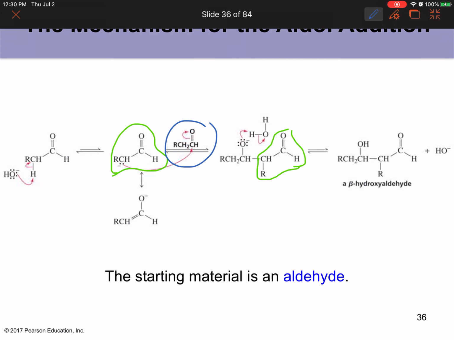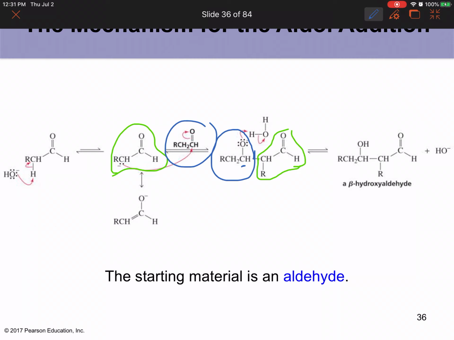The carbonyl carbon is this carbon. It has one hydrogen on it, and then it will become O minus. Okay, do you see the two carbons being connected by the new carbon-carbon bond? And then once that is formed, you form an alkoxide anion, which grabs a hydrogen from a water molecule and completes the aldol product, which is a beta hydroxyaldehyde.